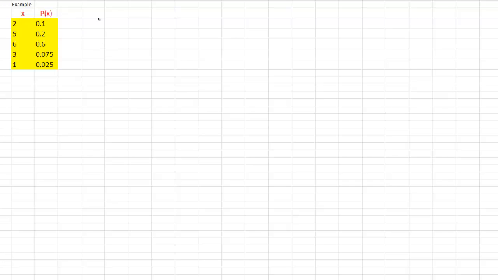Our formula for the mean, or mu, of a probability distribution is mu equal to the sum of x times p of x. And that's it. So it's just the sum of x times p of x.